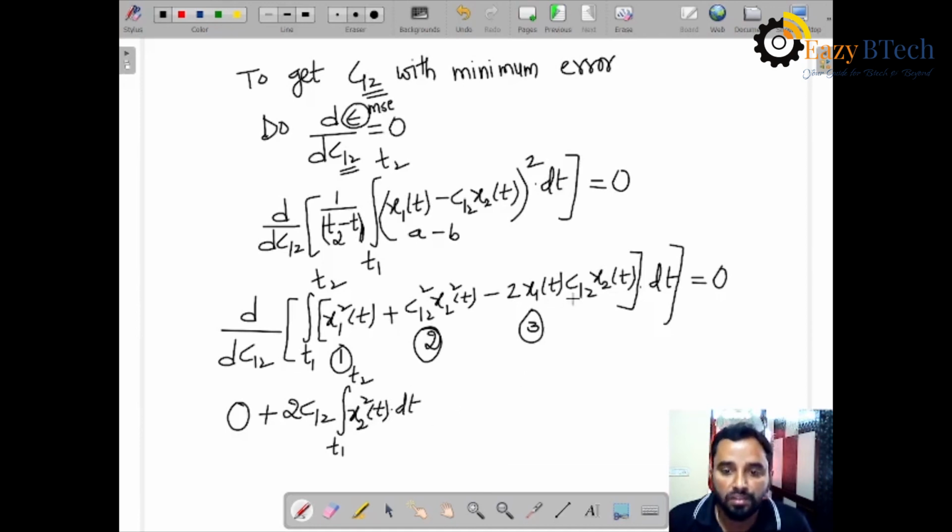Next, the third one, differentiation of this third term with respect to c12. So c12 is here, so c12 differentiation is 1. The remaining term, what is the remaining term? Minus, and integration same, t1 to t2 x1 of t into x2 of t dt. The whole is equal to 0, total is 0. Just a simplification, next thing.